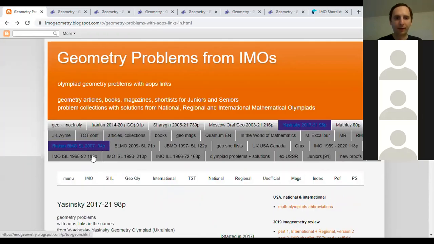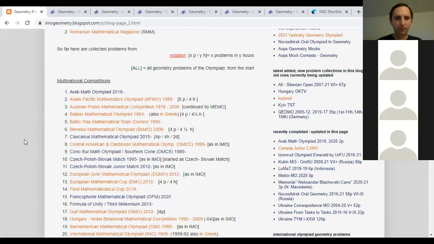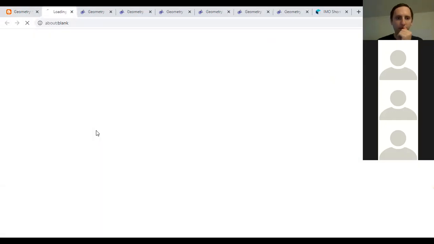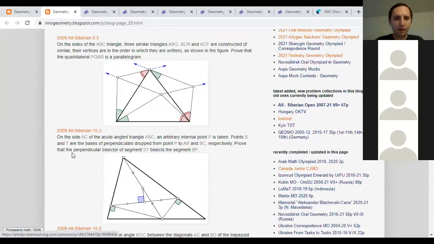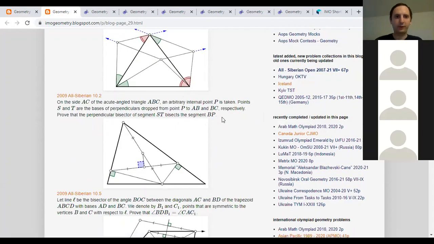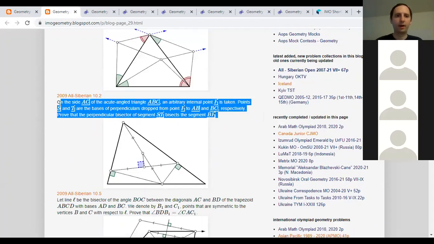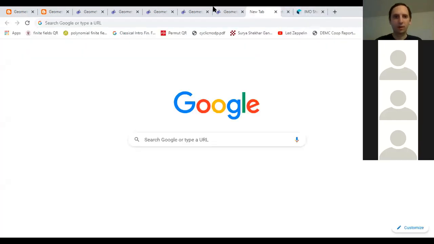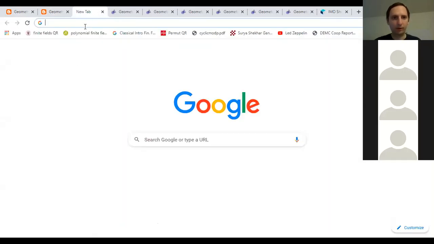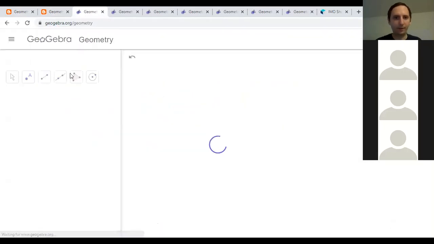Let me see if I can find it. This contest looked kind of interesting. Let's try this problem here. So this is 2009 All Siberian.